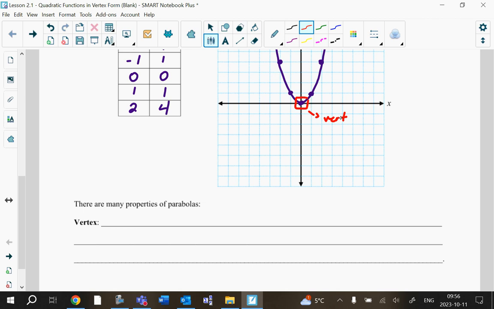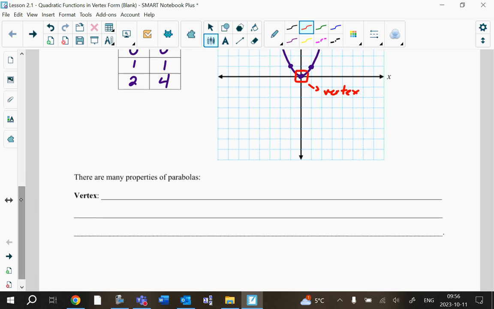So we would say the point on a parabola where it bottoms out, if it's a right side up U shaped, or parabolas can also be upside down, or where it tops out.